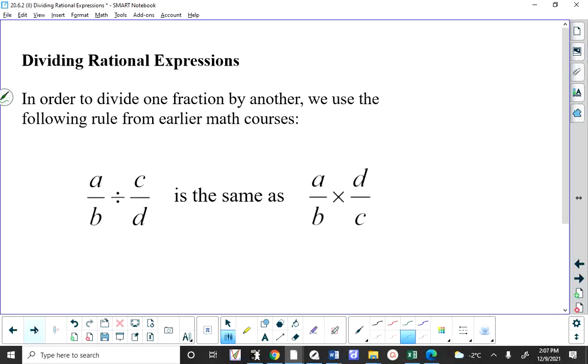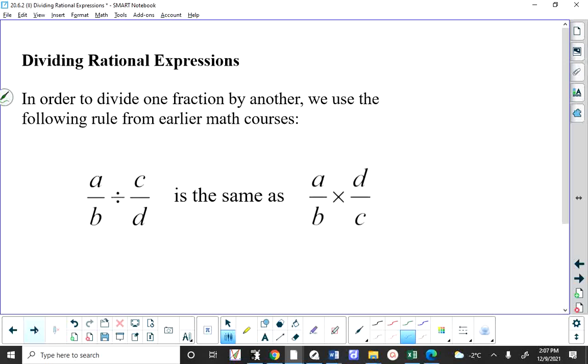When somebody came up with this idea about 30 years ago and they showed all us teachers, I went, well, that's really interesting, but I don't think anybody's going to understand it. And students don't. So we come up with a formal rule, and we have to accept that the rule is going to work. When you divide one fraction by another, it's equivalent to multiplying the first fraction by the reciprocal of the other. It's like, instead of adding 5, you could take away -5.